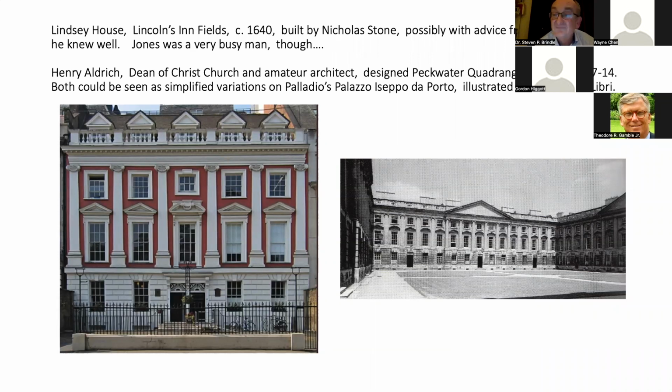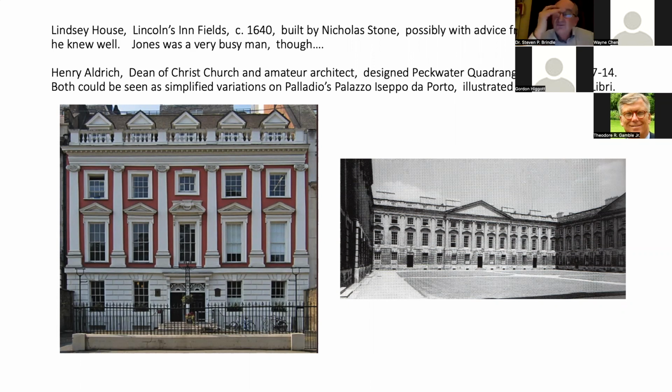Jones may have been involved, but he was probably too busy to provide a detailed design for a commercial development in Lincoln's Inn Fields. So I think we can say that his influence is there, and that whoever built that was someone who knew Jones and approached Palladio through him.